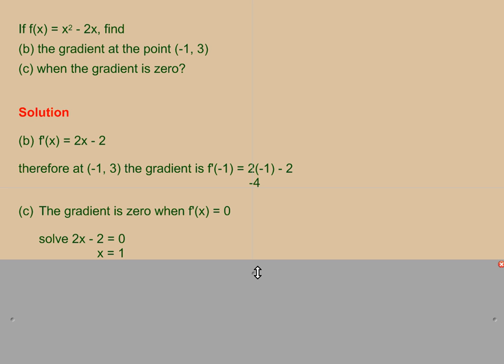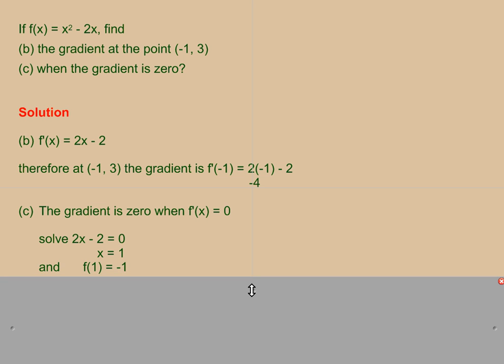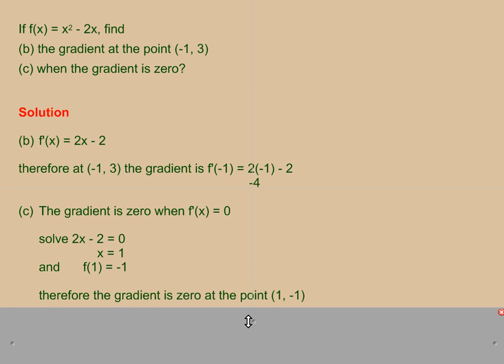This would actually correspond to, because it's a parabola up here, the actual turning point, the local minimum. So if x is equal to 1, substituting 1 into the formula would give us 1 squared minus 2 times 1. So therefore, the gradient is 0 at the point 1, negative 1.